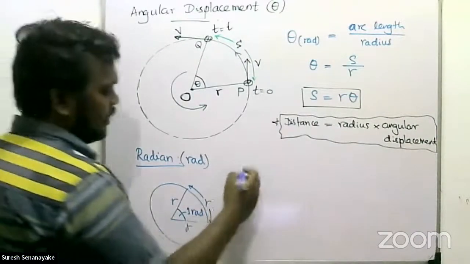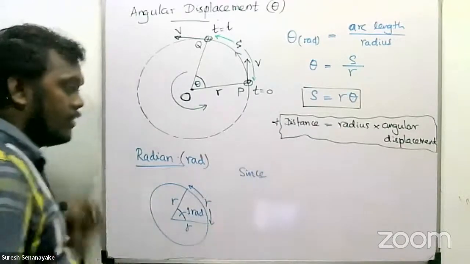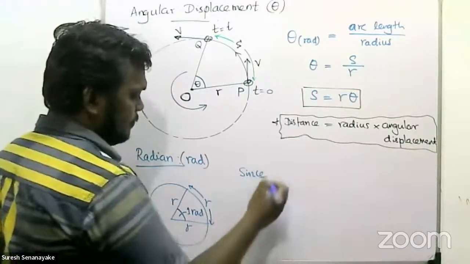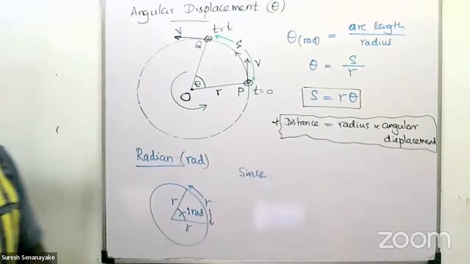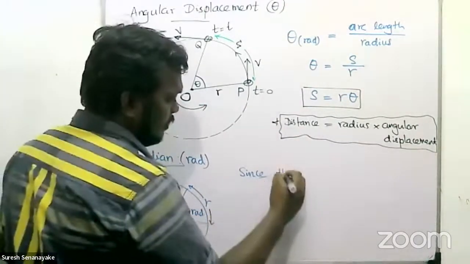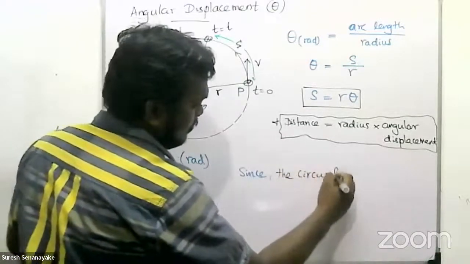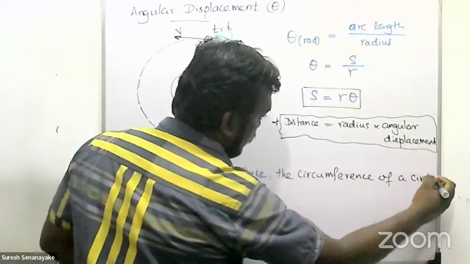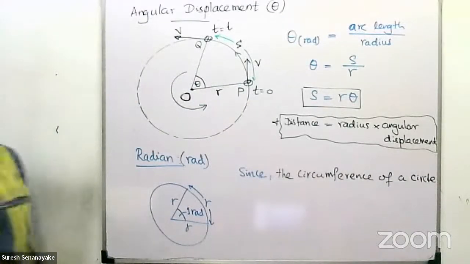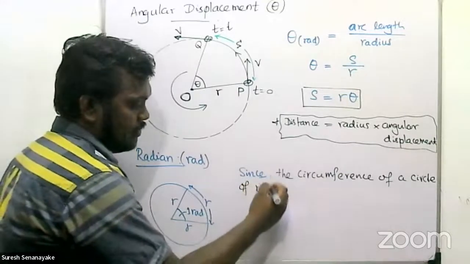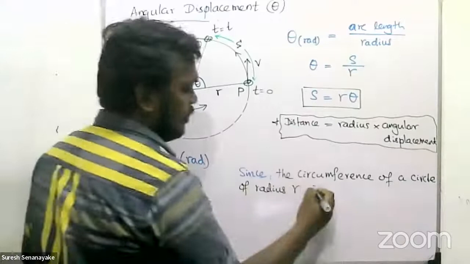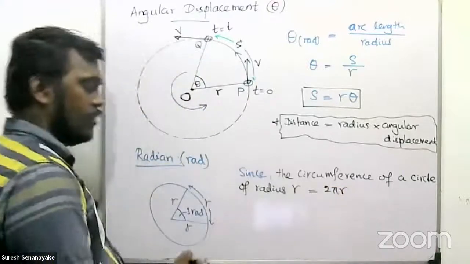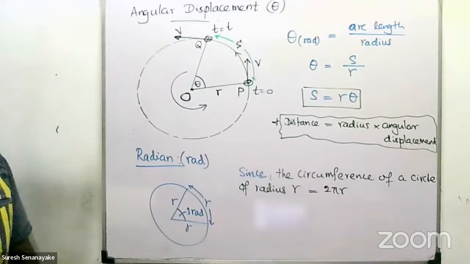And then after that, you can write that the circumference of a circle of radius r equals 2 pi r.